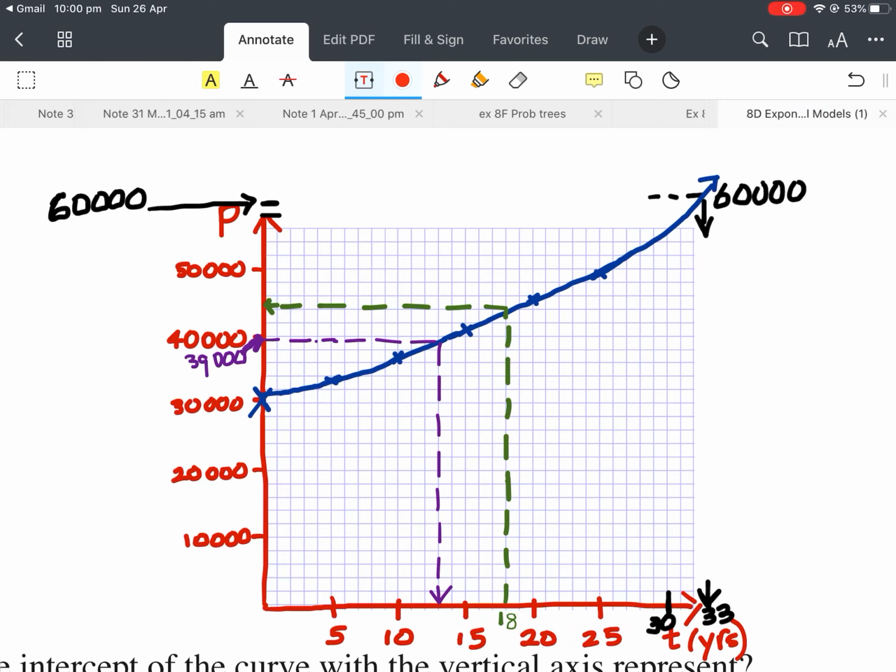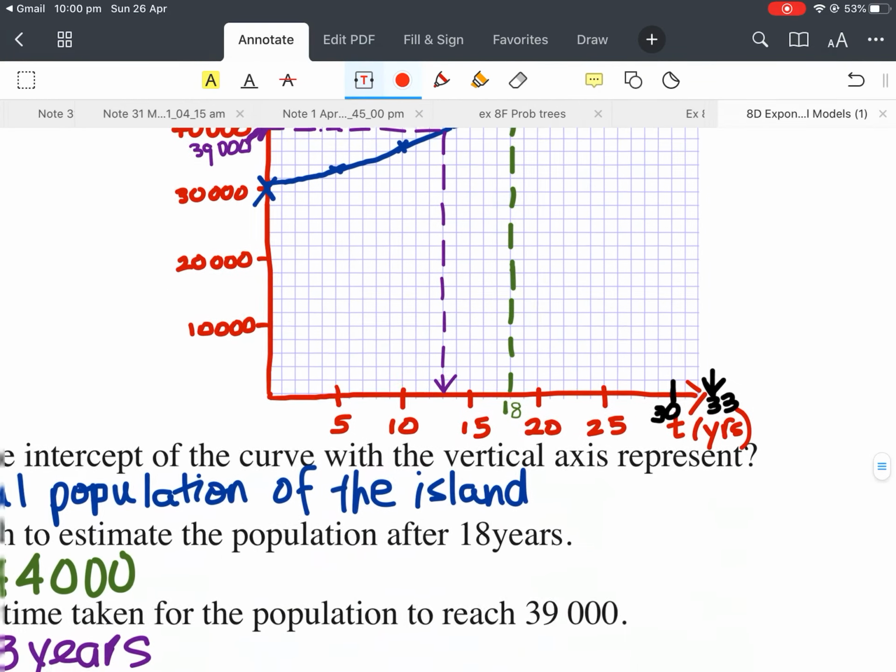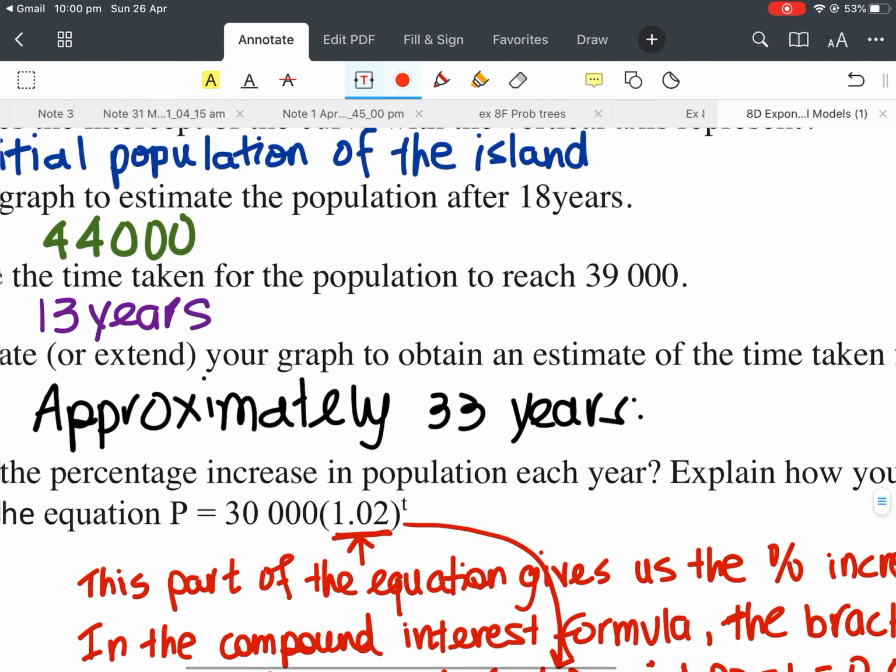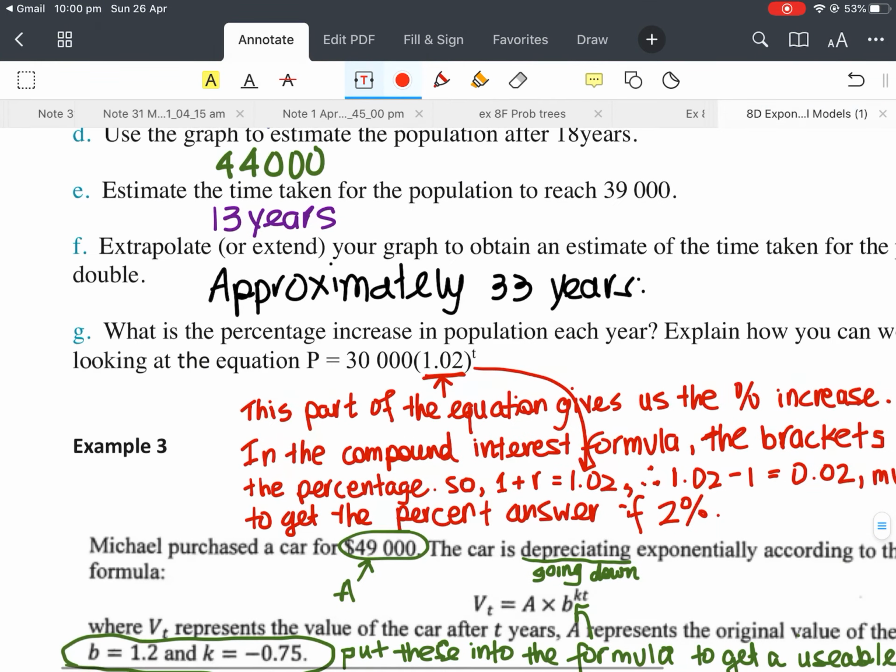So if you go straight across and then straight down, I'm just outside by, I reckon, about a box outside my grid. So I've estimated it to be roughly 33 years. Again, go with what you've done on yours. Try and be as accurate as you can, however. So my answer for F was approximately 33 years.